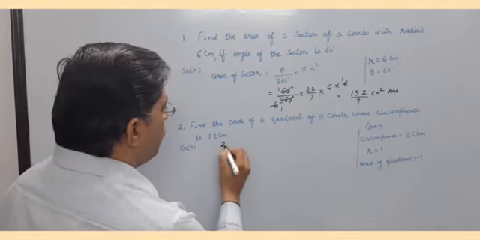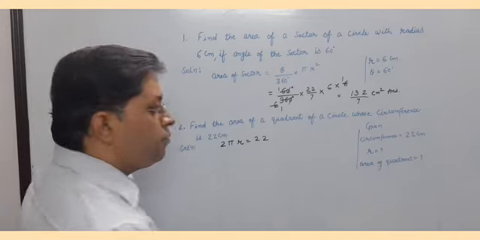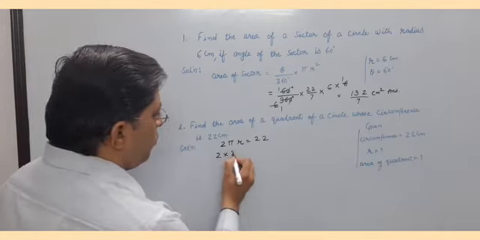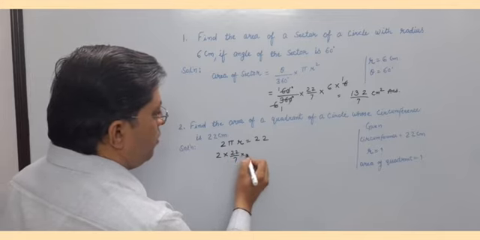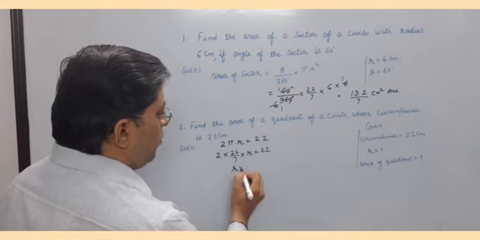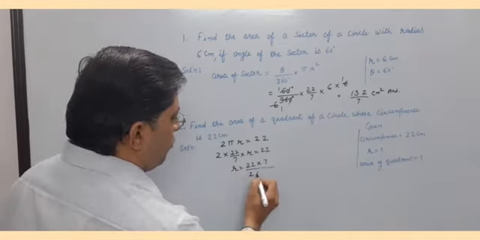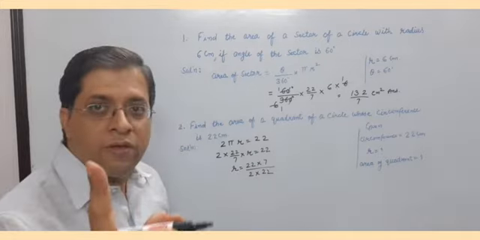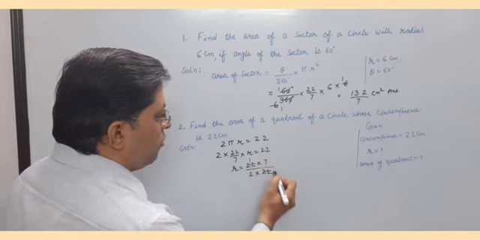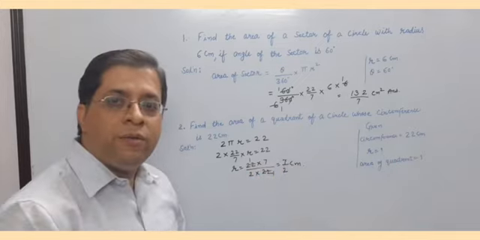So 2 pi r is given as 22. 2 into 22 upon 7 r equals 22. Then r will be 22 into 7 upon 2 into 22. This will cancel. So 22 1s are 22. This is 7 upon 2 centimeter.